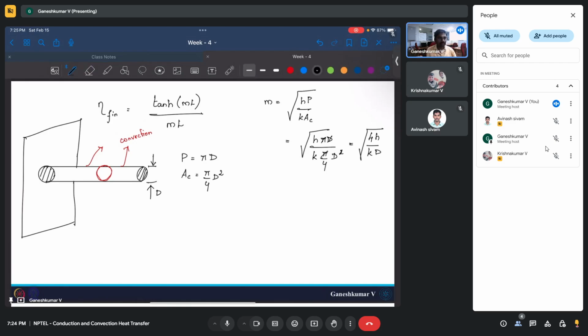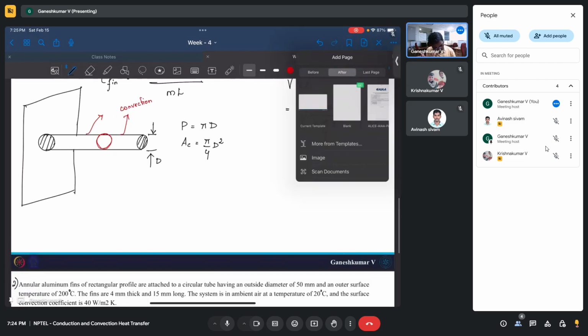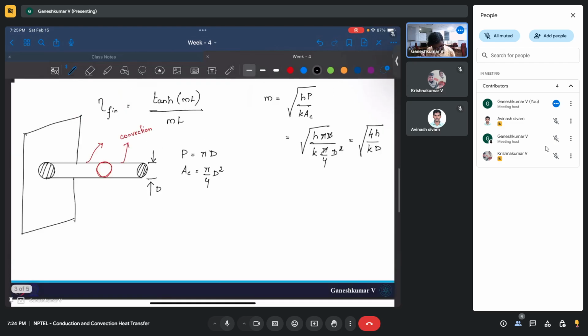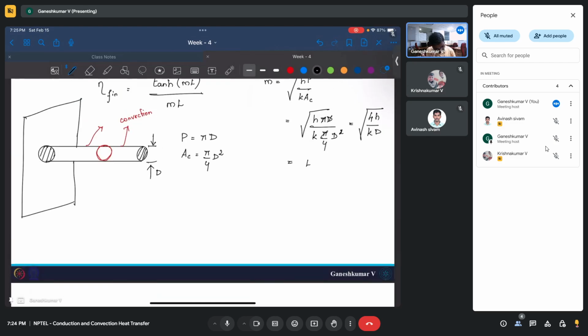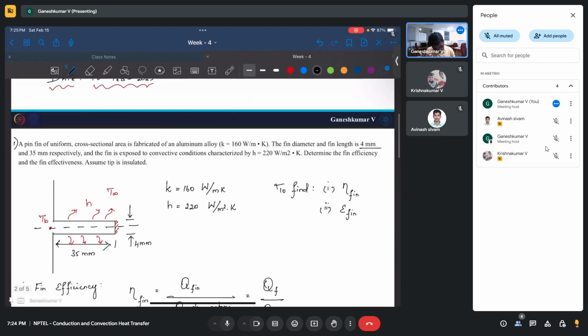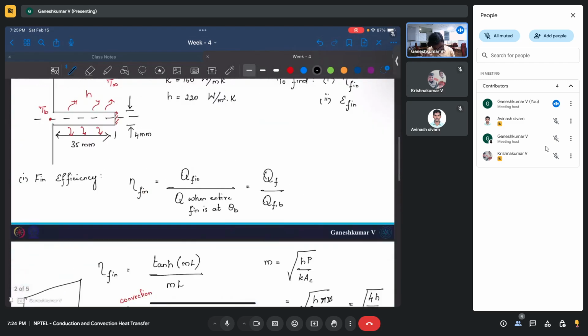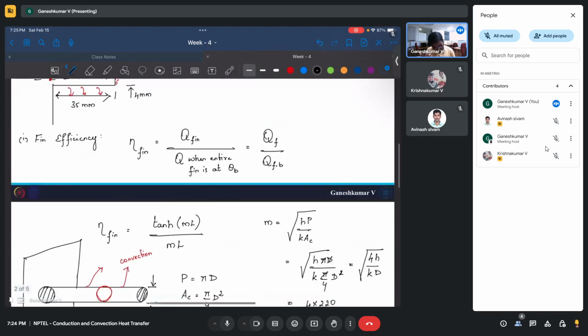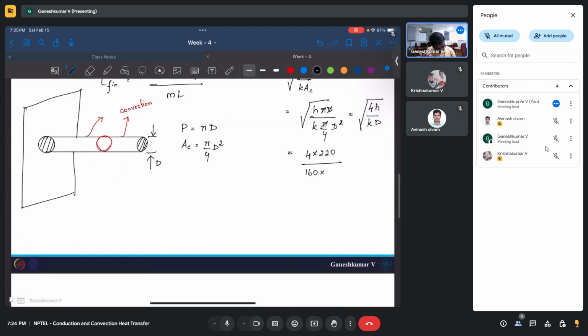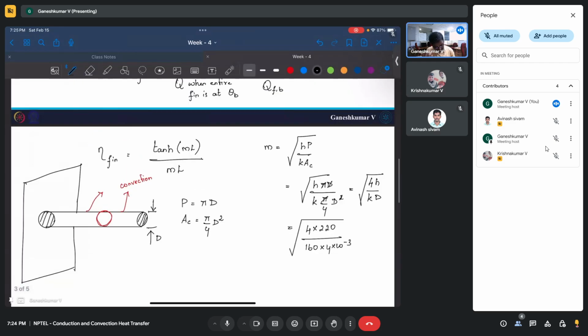We know diameter, we know h, we know k. We can directly find out m, which would be the square root of 4 times h, which is 220, divided by k, 160, and diameter is 4 mm, which is 4 into 10 power minus 3. So if you perform this calculation, how much would m come out to be?